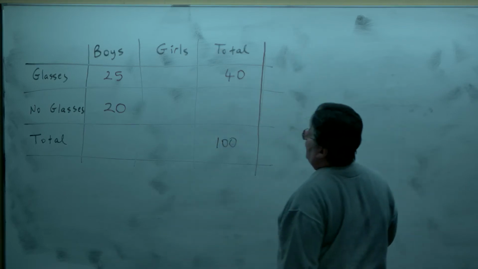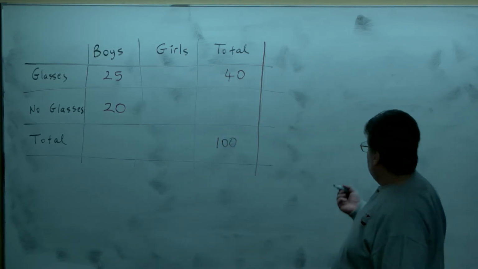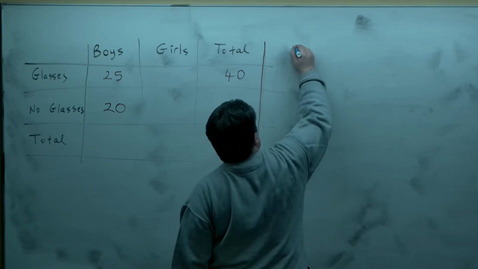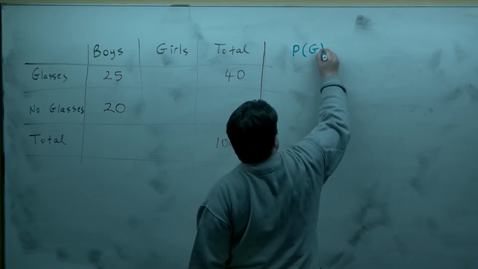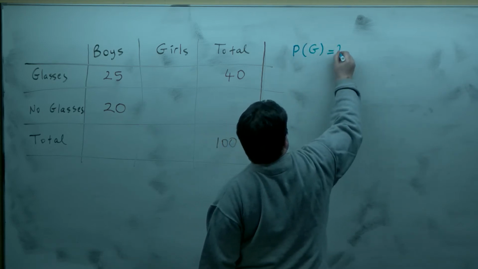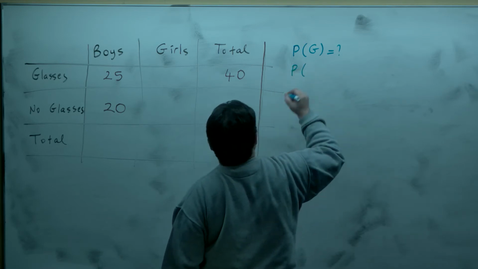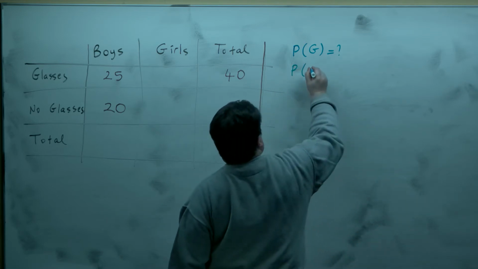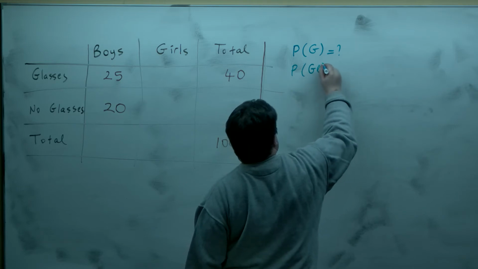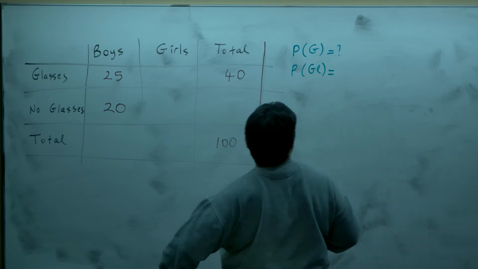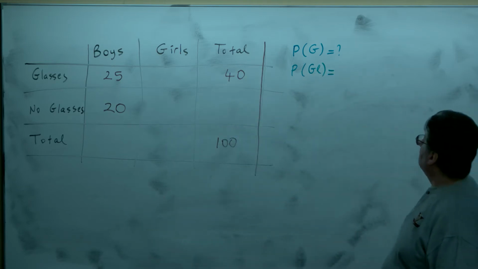When a student is randomly selected, what's the probability that that student is a girl? What's the probability that that student wears glasses? G for girl, GL for glasses.